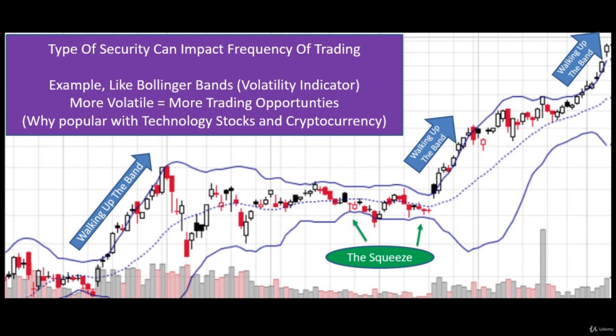Same with Fibonacci, popular because of the volatility. It gives more opportunities for trading than if something is not volatile at all, a utility stock possibly. It's not going to have as many times, or maybe as long a length, walking up the band, versus something like you're seeing an example of here, something more volatile, where there are lots of opportunities to trade.